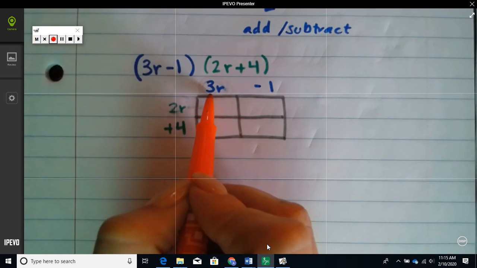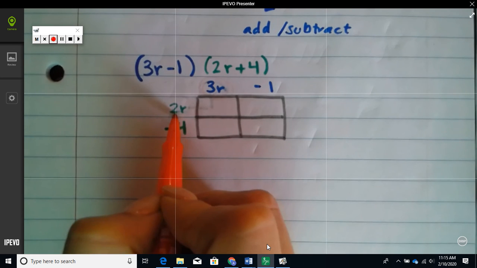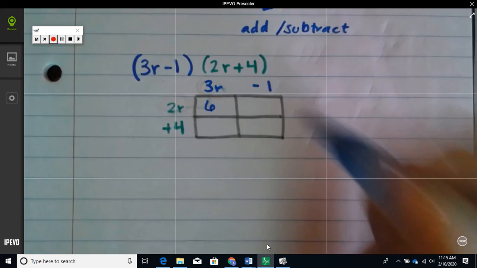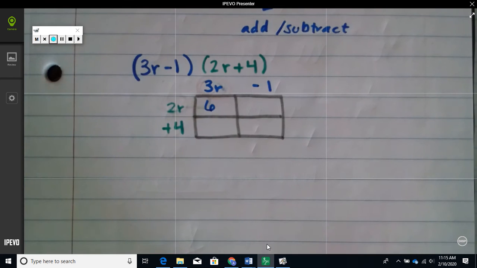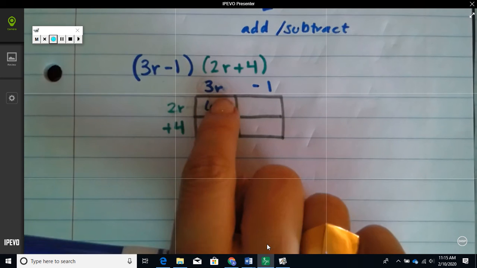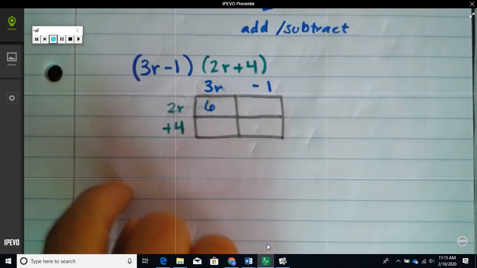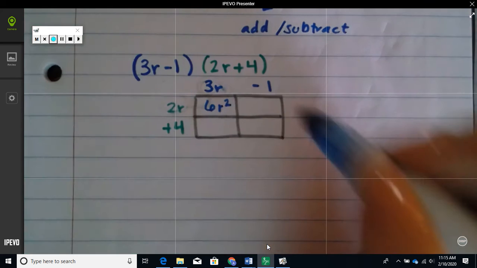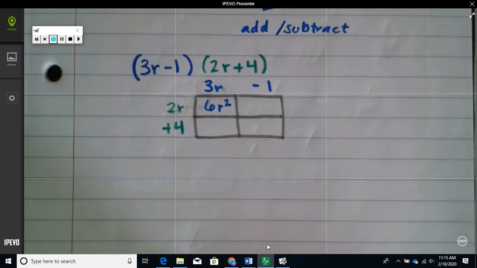So the numbers are 3 times 2. 3 times 2 is 6. Okay, I'm just doing the number. I'm multiplying. I'm not adding. And then r times r, which I simplify as r squared because you have two r's multiplied by themselves. Okay, that's my first box.